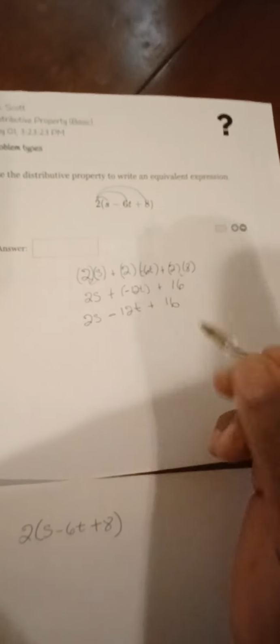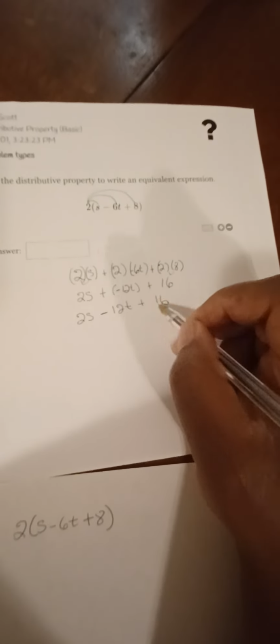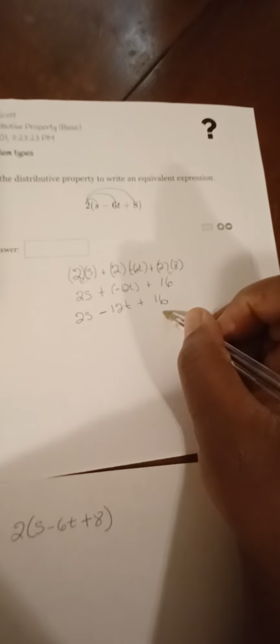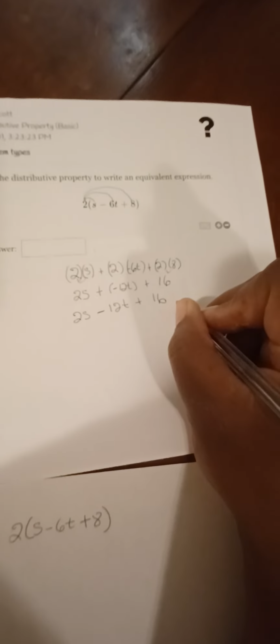I cannot go any further because these are unlike terms, so this is my equivalent expression to the problem. Unlike terms are for another video, where I'll show you how to do them.